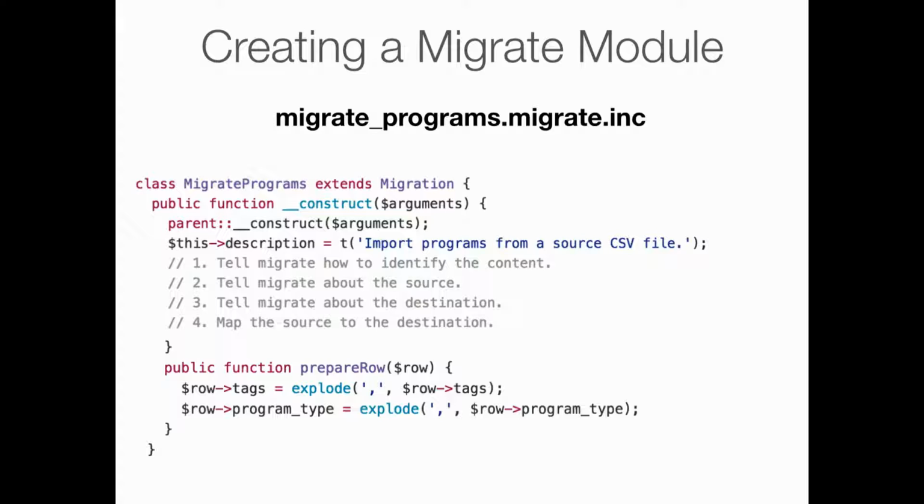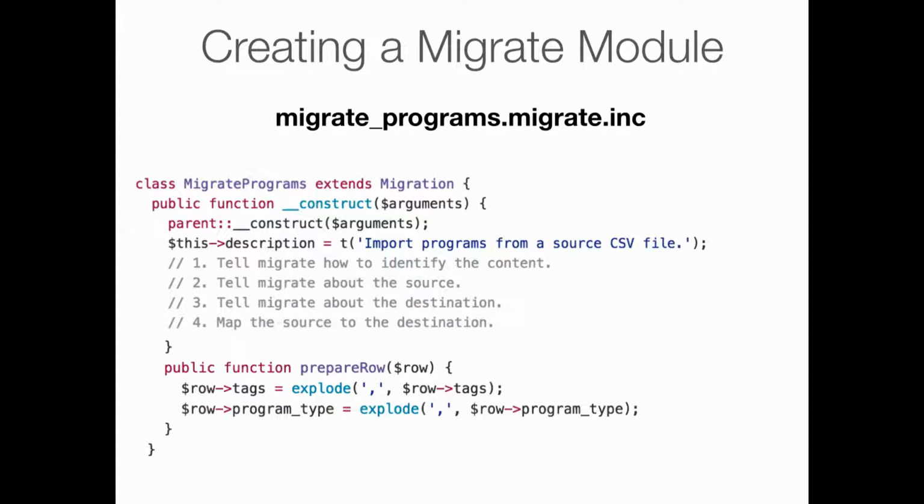There are some comments here because we're going to fill in a bunch of code that does all the work for us, but I just wanted to show you the template for creating the code for a migration. So here you're basically telling Migrate that you want to use all the migration functionality, and you're giving your migration a description.